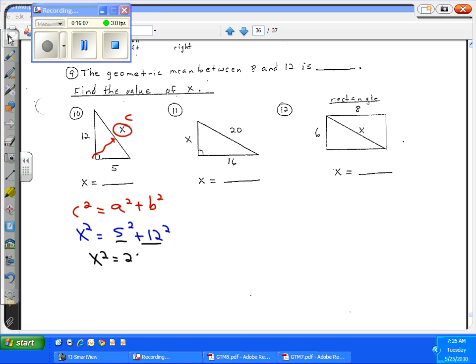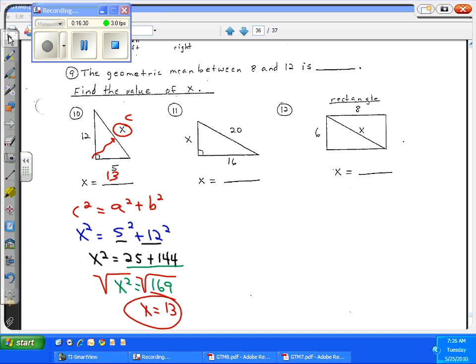We'll have x squared equal 25 plus 144. X squared equals 169. We will undo the square with the square root. We want the positive square root only because we're talking about a distance, and so we get 13.